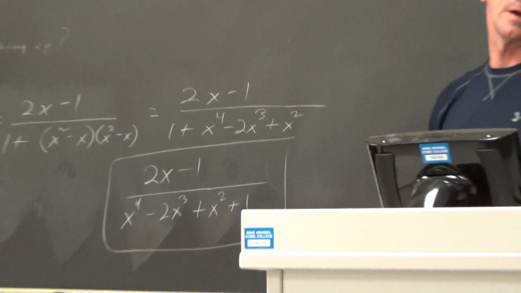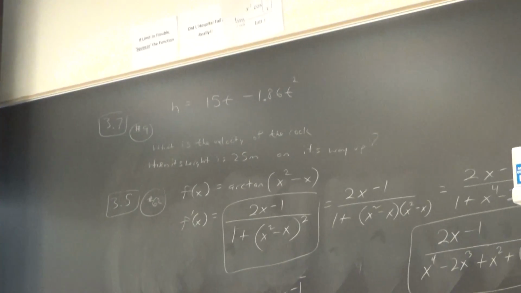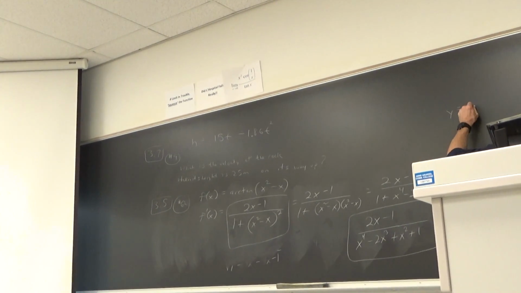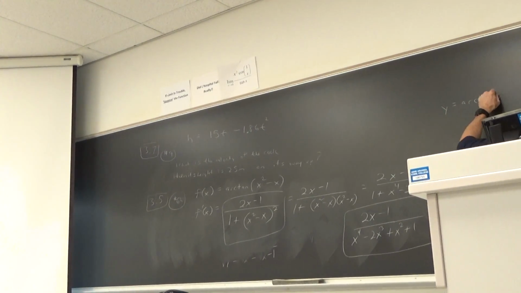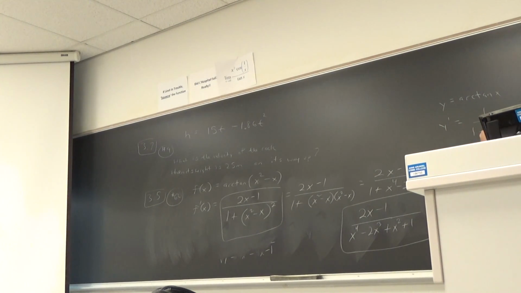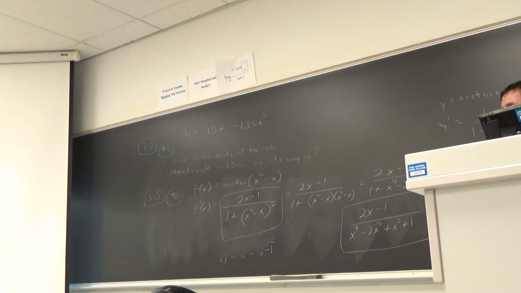And probably the funniest thing, everyone, most of the time in Calc 1, even Calc 2, you're just dealing with this lonely arctan x. And that derivative is just 1 over 1 plus x squared. Seriously.